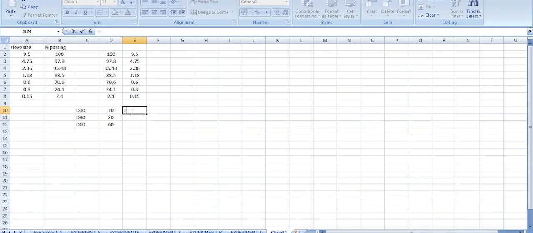So you come here, this is your yi. The one that is on top, this value we are looking for is within 24 and 2.4, because 10 lies between 24 and 2.4.